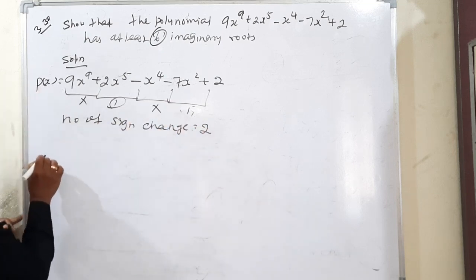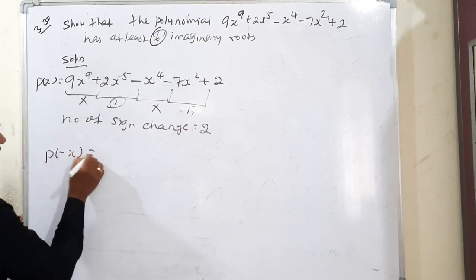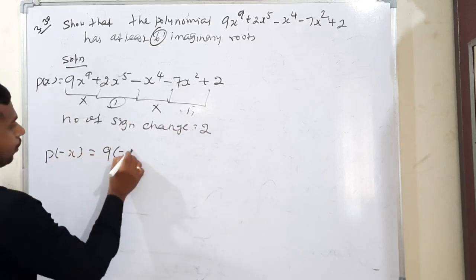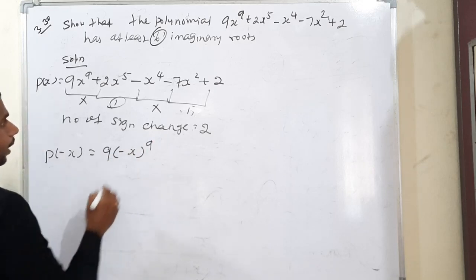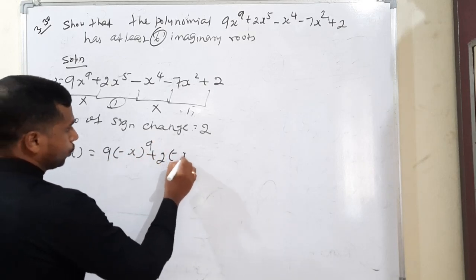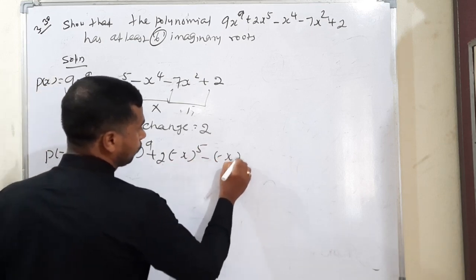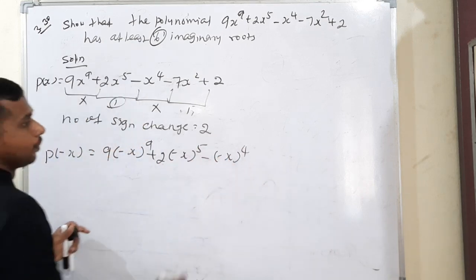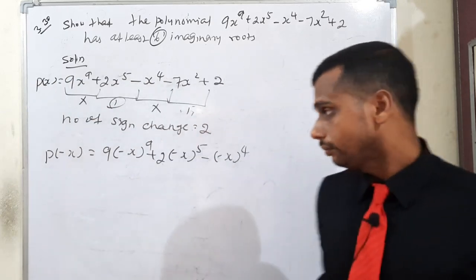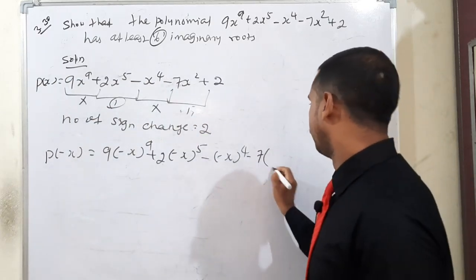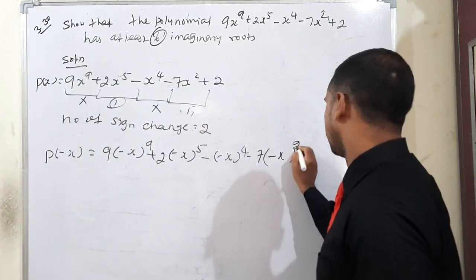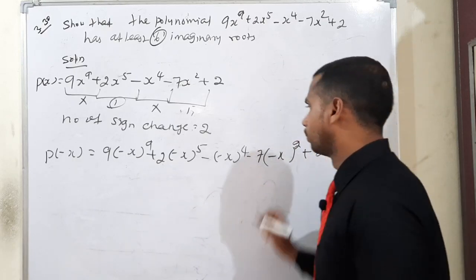Instead of positive x, consider minus x, what will happen? 9 of minus x whole to the power 9 plus 2 into minus x the whole to the power 5, again minus of minus x whole to the power 4, then minus 7 into minus x whole square plus 2.